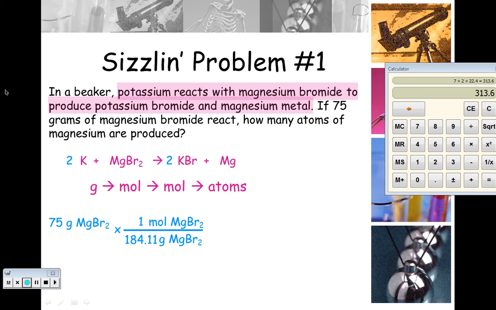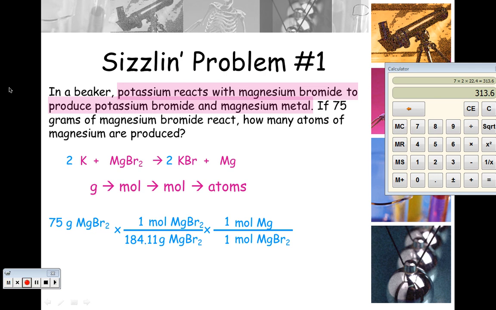Moles of MgBr2, and then I have moles of what? Because that's what I'm looking for, right? So I have to put moles of Mg. Where do I get this number, Jamal? My name's Jamar. Equation. So I get 1 to 1. This is what I get. Let's go ahead and cancel out the units. Moles of MgBr2 goes away, and I get moles of Mg.